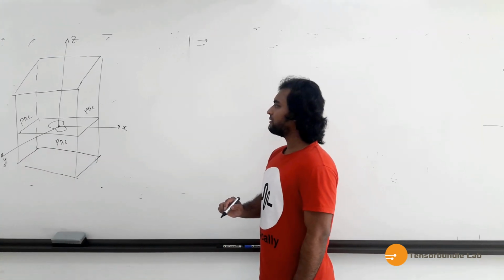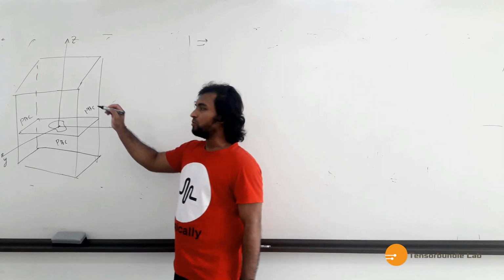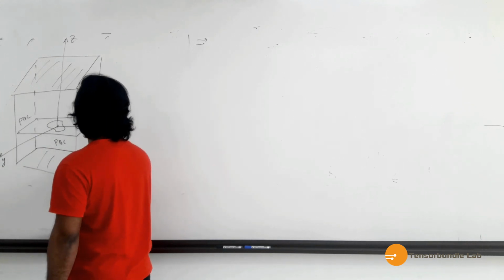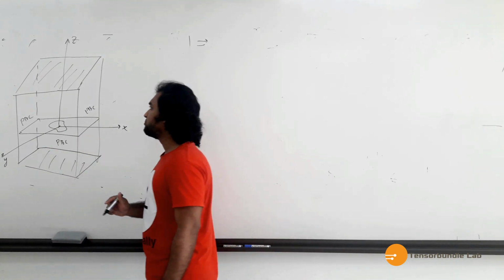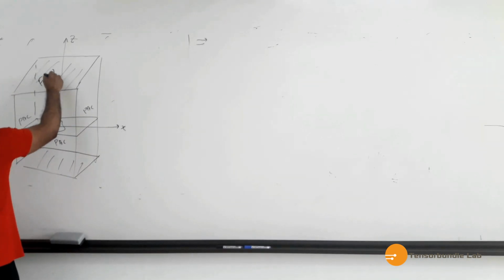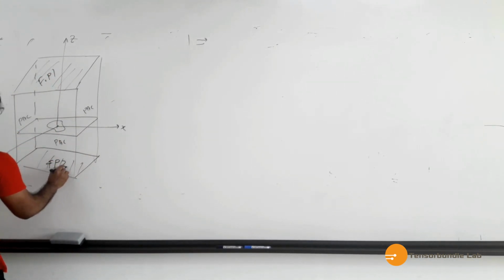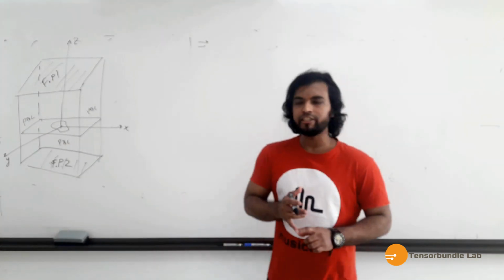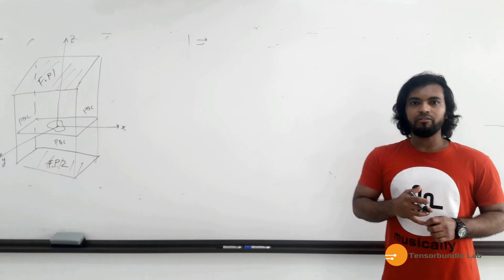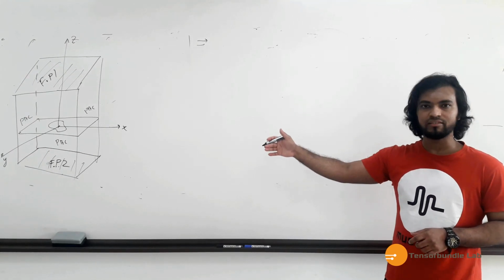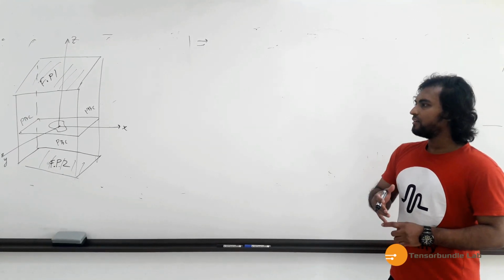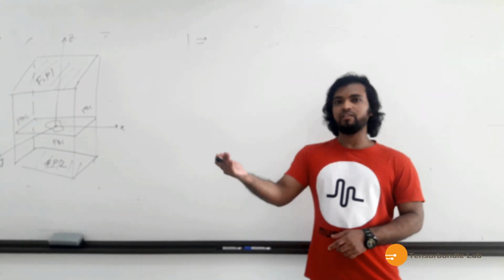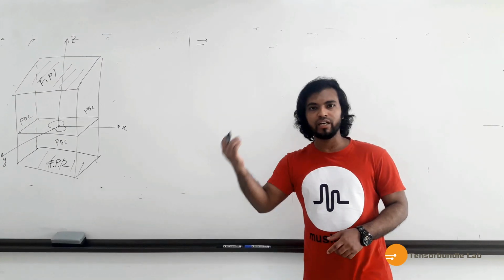Now, we can define two ports at this end and at this end. We define two ports, that is Floquet port 1, FP1, and FP2. So from port 1 and port 2, we inject the Floquet waves into the structure, into the unit cell. And obviously, the wave will hit the structure, and there will be incident waves, and there will be some reflected or scattered waves.